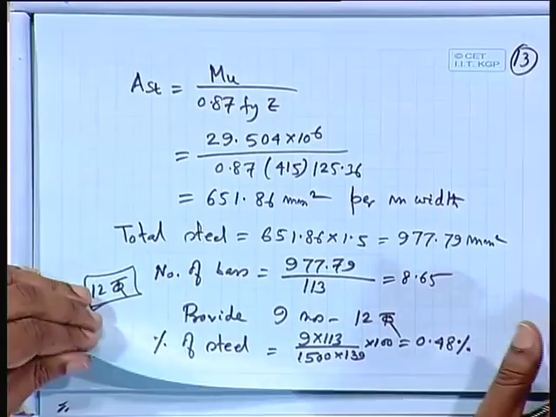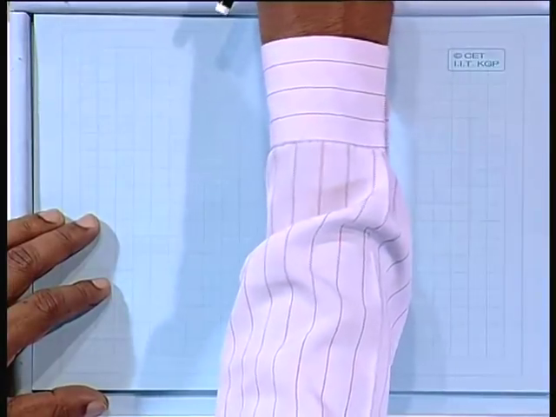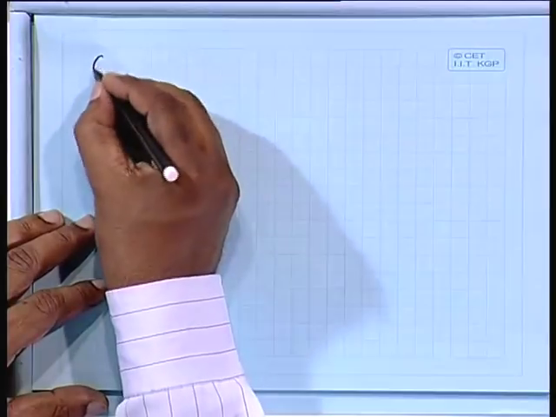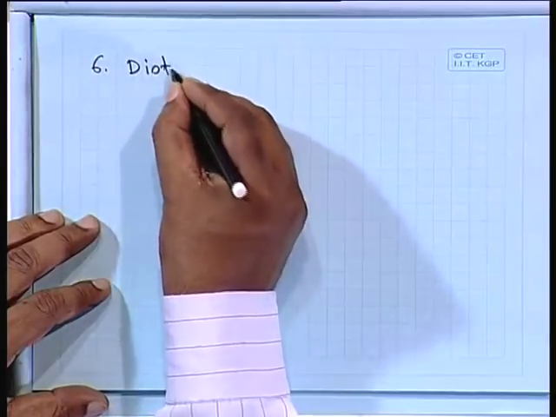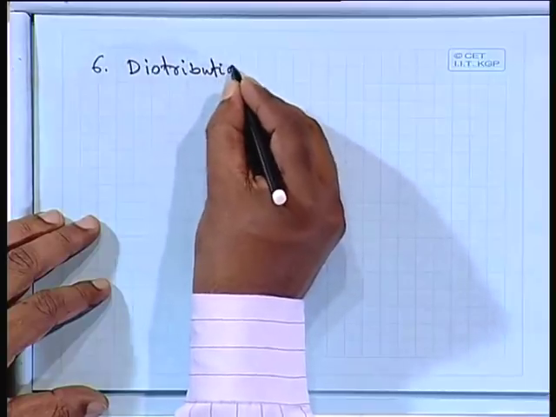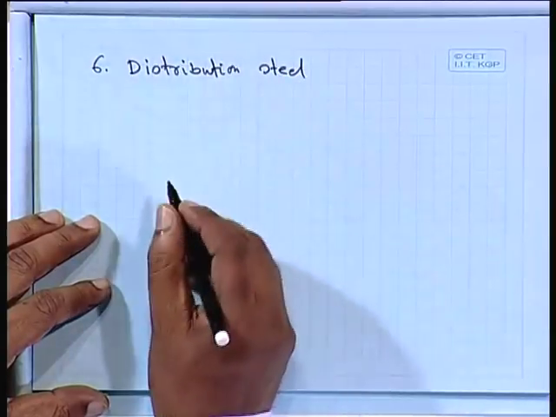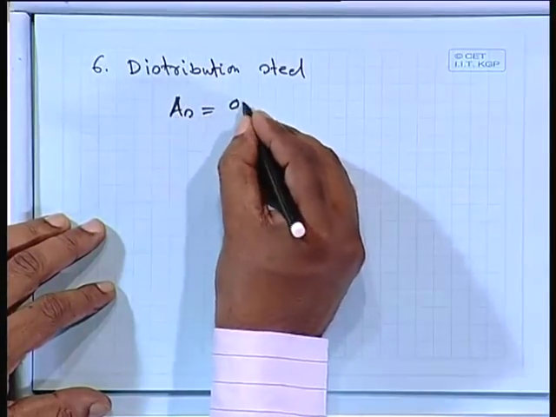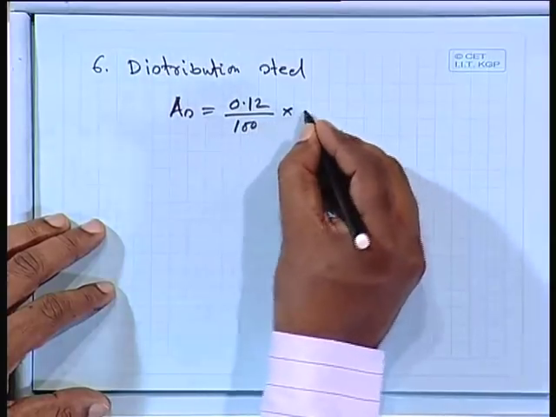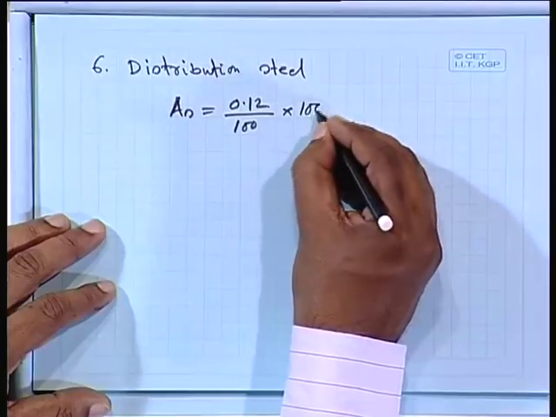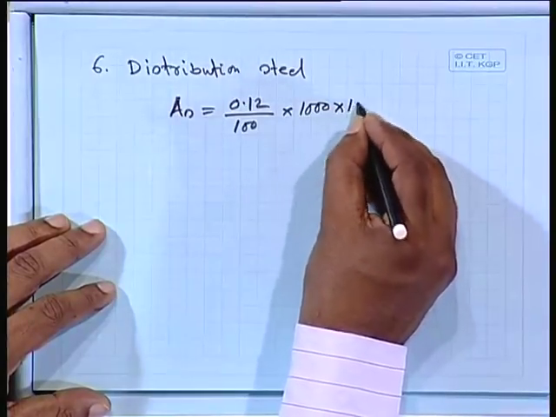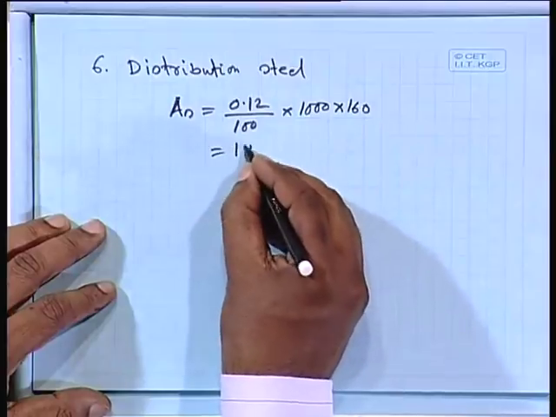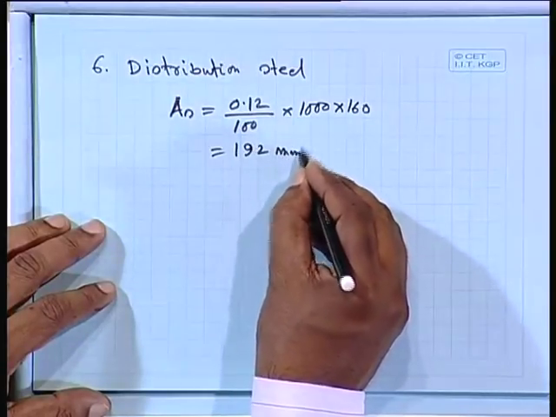Now we have to provide the distribution steel. So distribution steel will be equal to 0.12 percent. Ast equals 0.12 by 100 times 1000, that is 1 per meter width, times 160 overall depth, comes as 192 millimeter square.